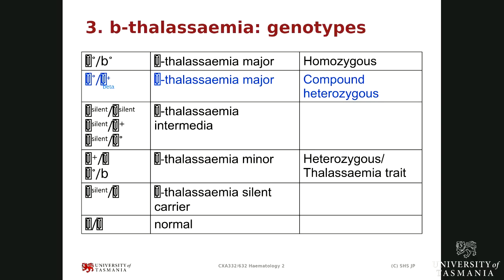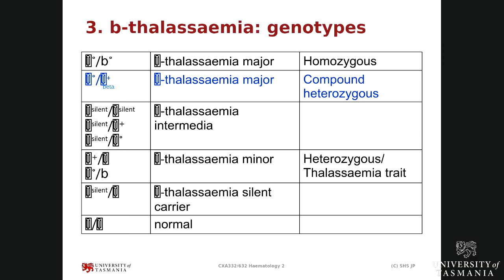So the beta naught that you see here, that means it's a gene mutation in which there are no beta globin chains being produced. So of course, if you have had the luck to inherit 2 beta naught genes, then you're going to have a fairly major condition.